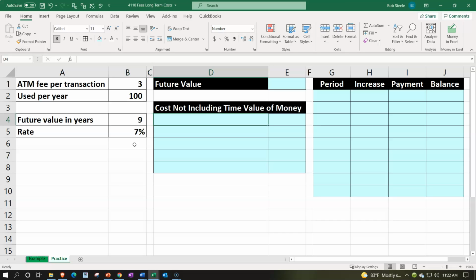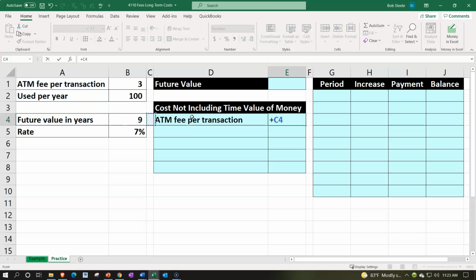So let's just think about the total cost over 9 years of $3 a transaction, and we do 100 of them a year. So the ATM fees here would be equal to the $3, and we do that 100 times.